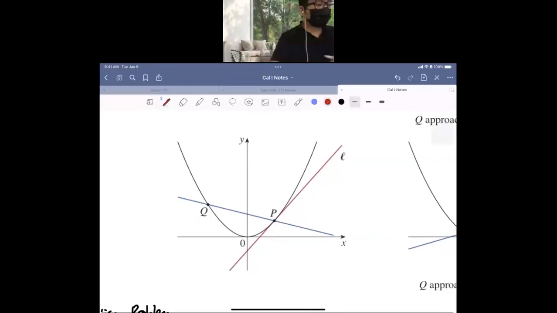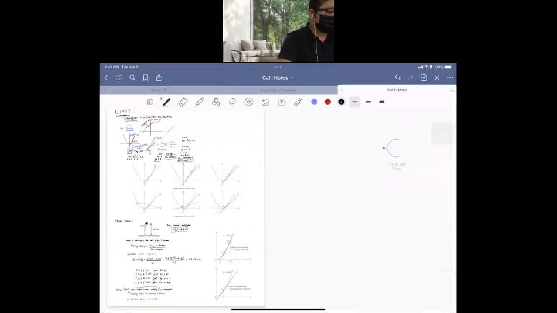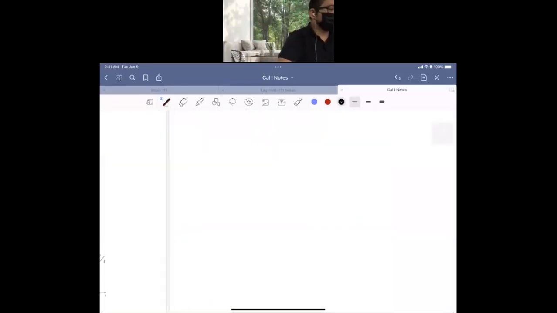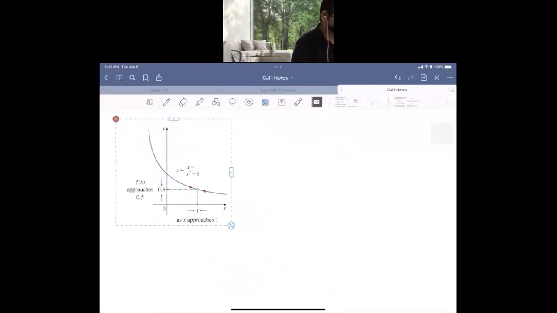Okay? So let me write in a new page here to give you a more concise and maybe precise definition. Not a precise definition, but maybe an intuitive definition. So let's see this graph here. Okay.